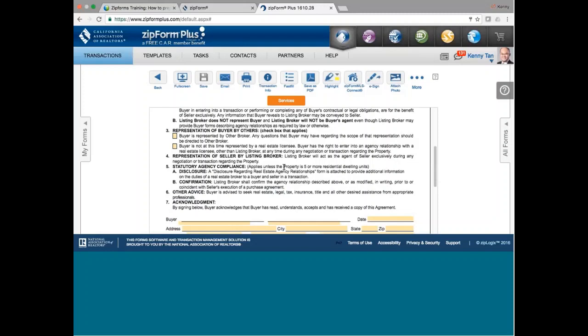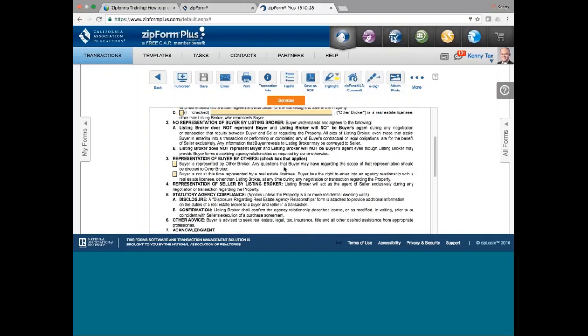Now, you see that it says here, a listing broker may provide buyer forms describing agency relationships as required by law or otherwise. We talked about that.